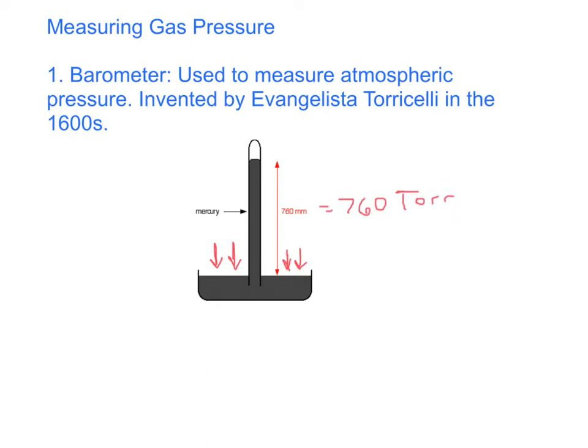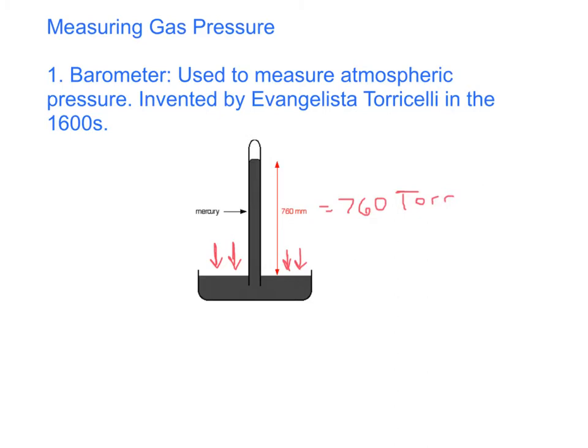What Torricelli realized is that the height changes from day to day. Some days the column was a little higher, some days a little lower, and he correctly explained that it's the weight of the air, or the force of the air pushing down, that's creating that height. So the harder the air pushes, the further up the column the liquid rises.